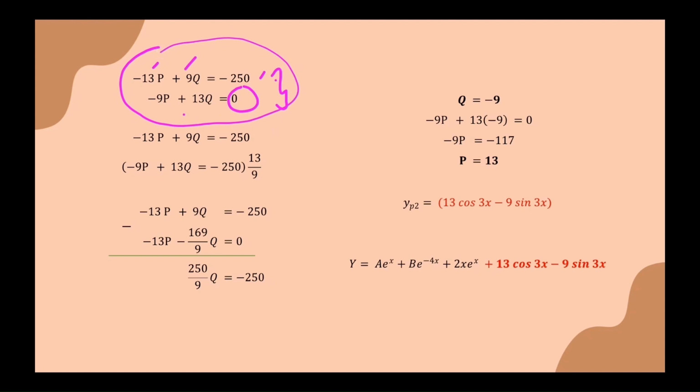When we are using the elimination method, we need to make sure that either p or q shares the same value, so that it will be easy to eliminate. In this case, I choose to eliminate p, so I multiply my second equation by 13 over 9.